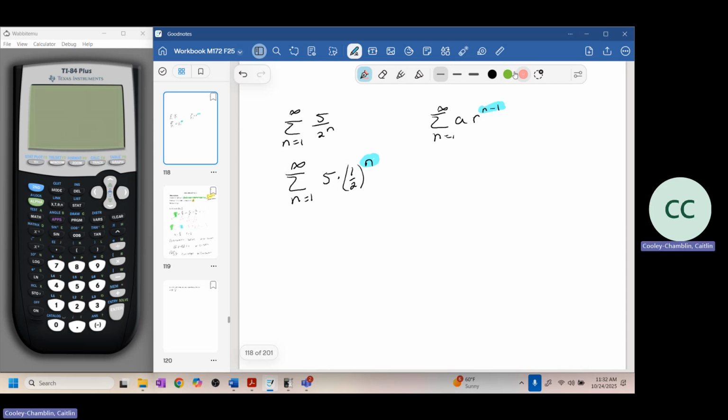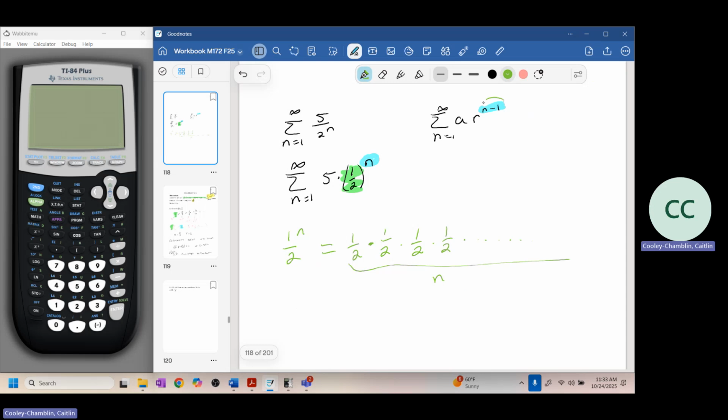As a side note, 1/2 to the n is really 1/2 times 1/2 times 1/2 times 1/2, and it just keeps going, and there are n of these.